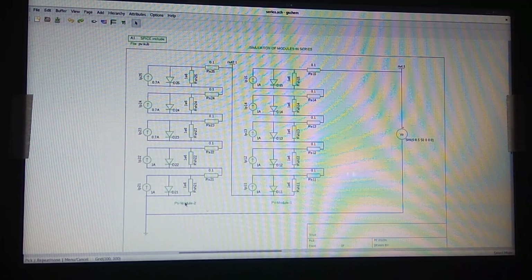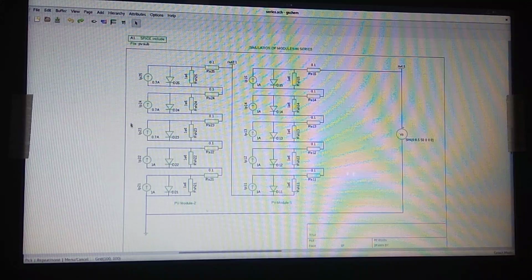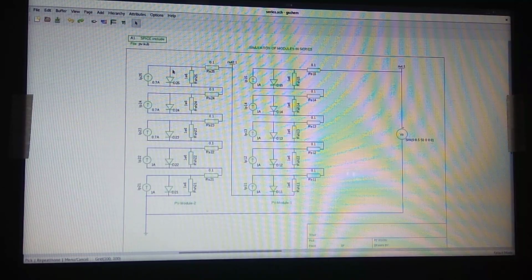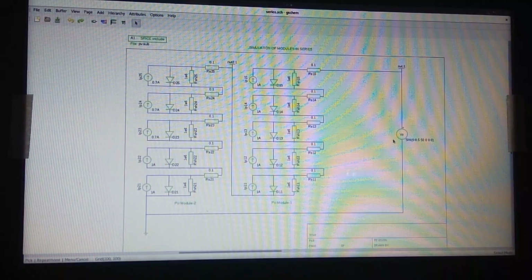And there is another module, module 2, and they are also connected in series. Not all are identical. You have 2 of them having 1 amp current source and 3 of them having 0.7 amp current source, indicating that these PV cells have partial shading. Now this module 2 and this module 1 are connected in series to the external load. In this case, the external load is this voltage source, which is acting as a sweep.